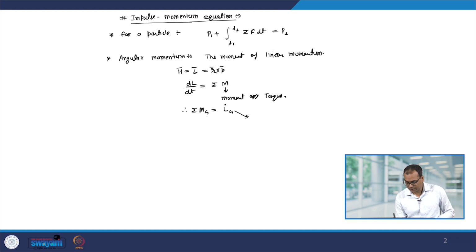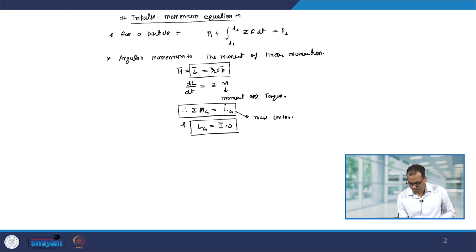Here G represents the mass center, and the angular momentum about the mass center is I bar omega, where I bar is the moment of inertia of the rigid body about the center of mass. Let us call this equation number 1.